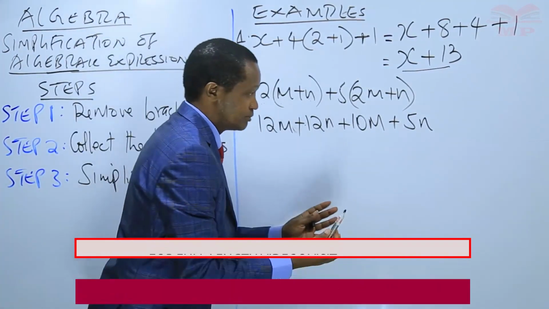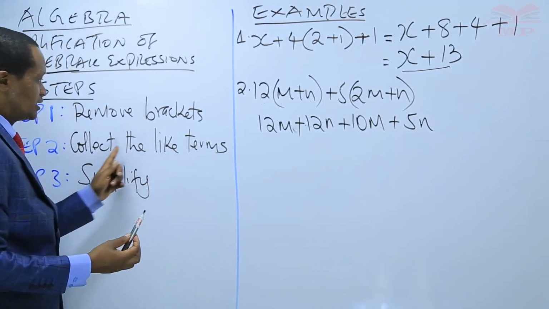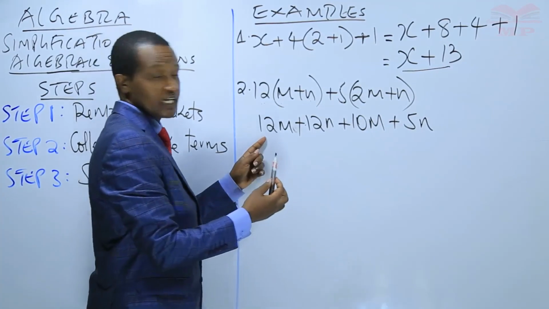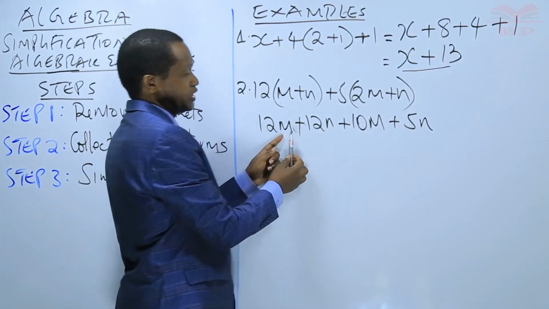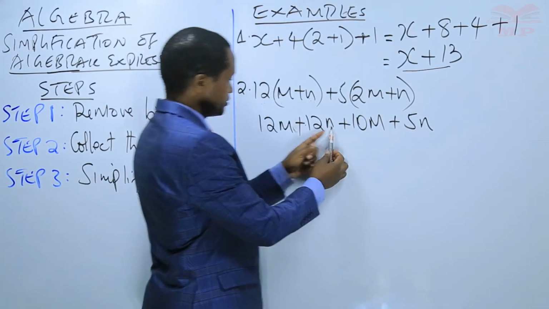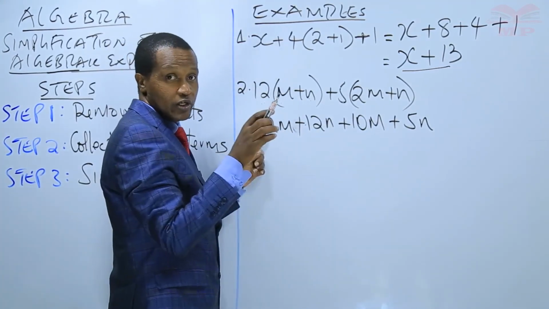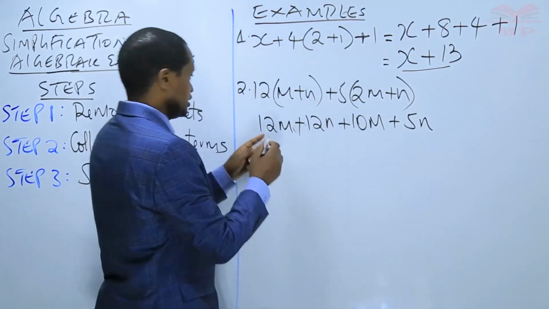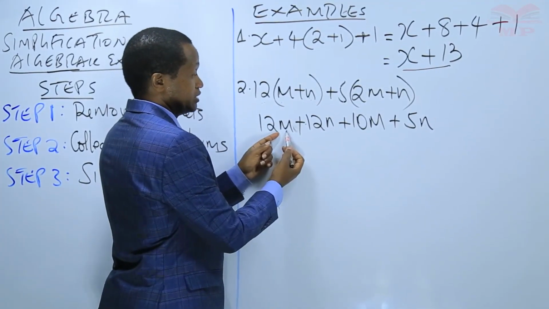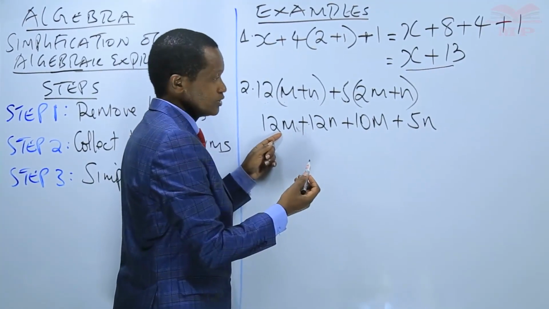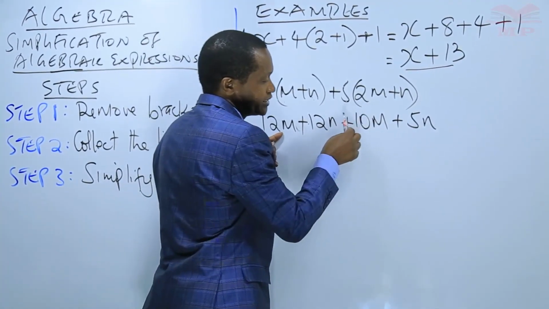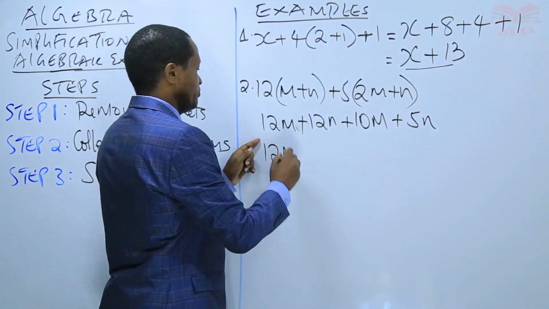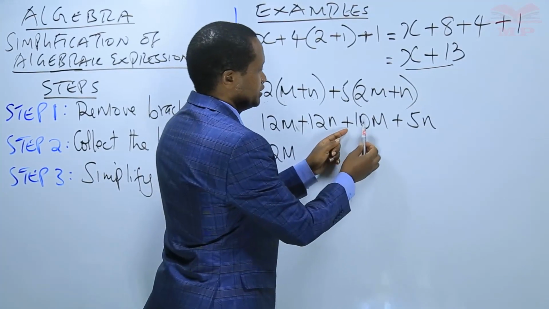group the like terms. All right? Collect the like terms. So there are terms that have the letter m, and terms that have the letter n. The terms that have the letter m, we collect, or put together. So we have 12m, and learners, when collecting terms, remember to collect the sign also. So we have positive 12m plus positive 10m.